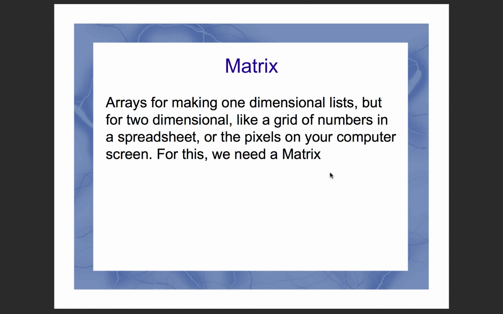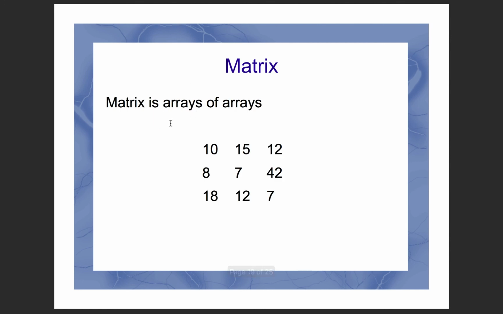These pixels are kept using some xy coordinates, so this is also a matrix. This is how a matrix looks like. You can see these are the rows, and these are the columns. This is the first column, second column, third column.